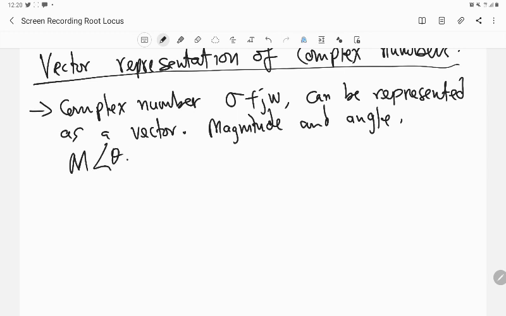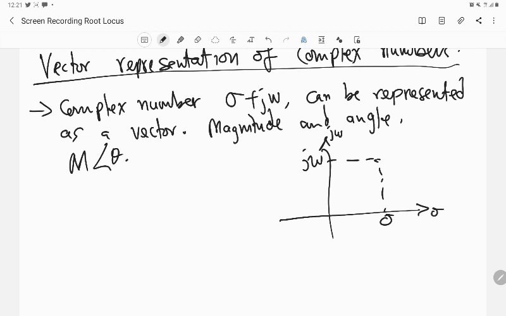So the vector can be represented by this complex number, and of course if we plot it, then it's going to be of this form, where this is our sigma and this is j omega, and this is going to be that vector.